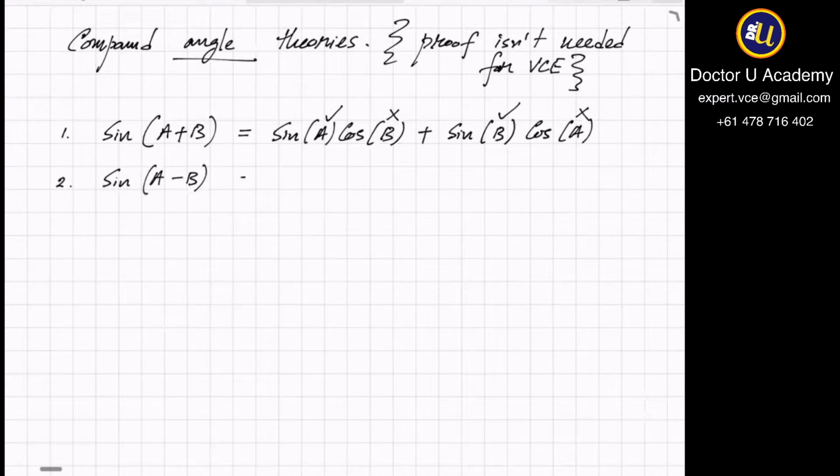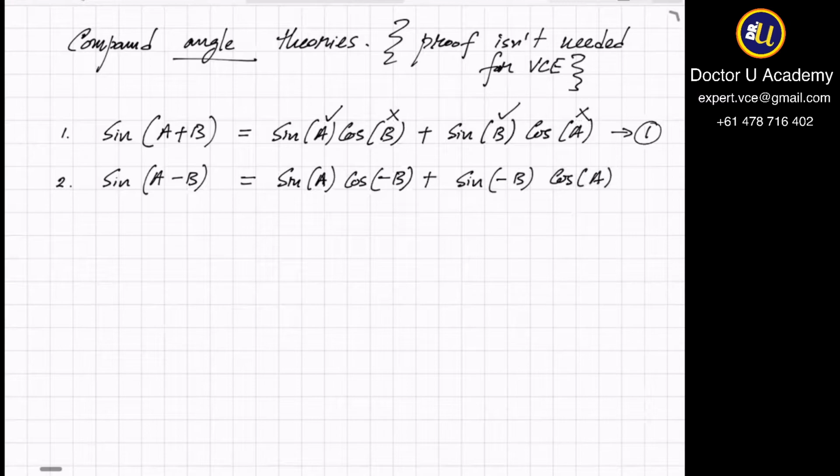So how does this work? Now you know B is replaced by minus B, right? From the first equation, the B is replaced by minus B. So let's do it. So sine A cos minus B plus sine minus B and cos A. Now we know that odd even functions in trigonometry.